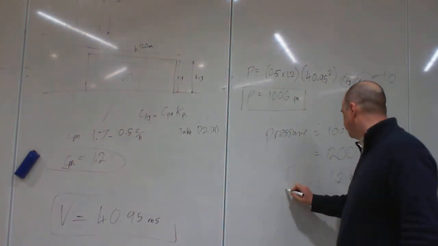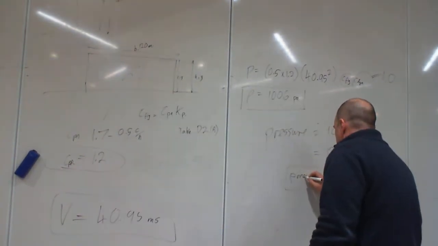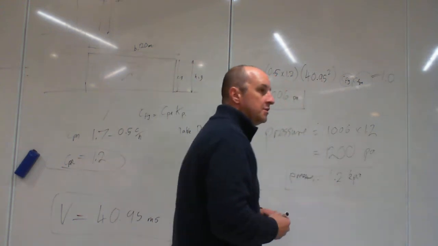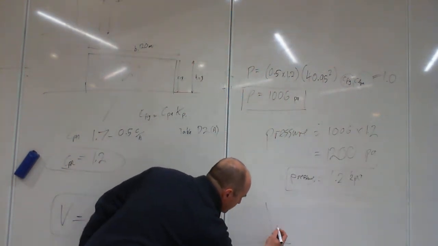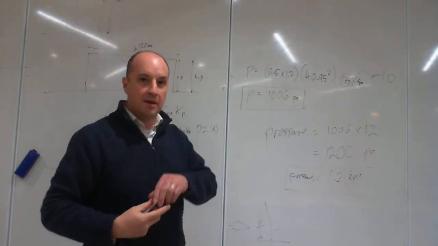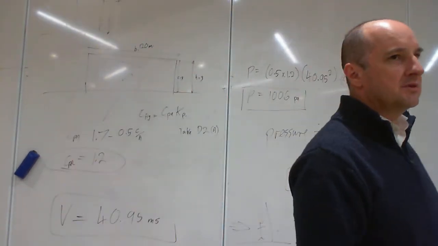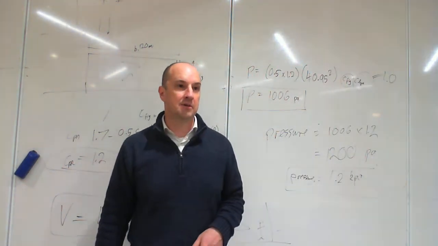Okay? So, when you've got your wall here, and there's your person standing beside the wall, and the wind is blowing this way, it's putting a load of 1.2 kilonewtons on every square meter of the wall.